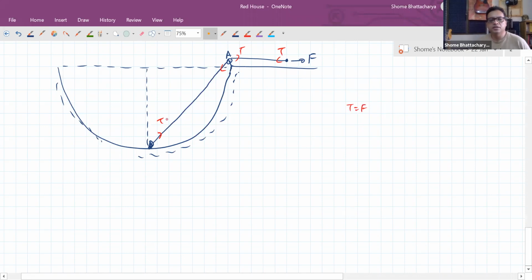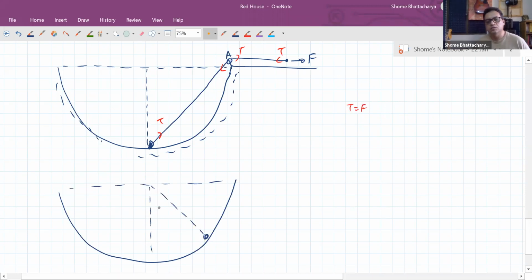And the same thing will happen: by the time the particle has reached some angular position like this over here, again there is T equal to F acting on it along the chord, whereas its displacement is along the tangent like this. So it's the same situation basically.